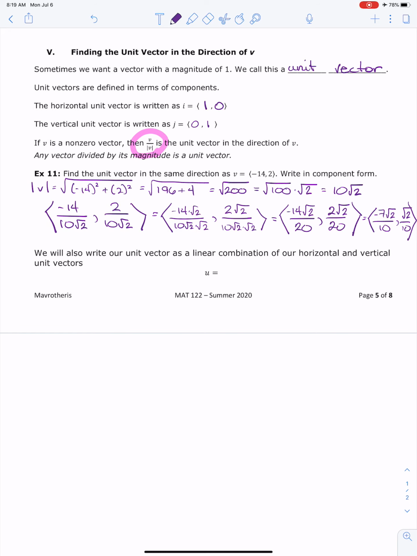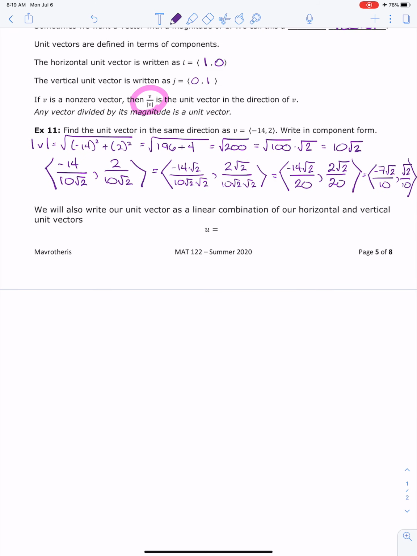Okay. We also want to write this as a linear combination of our horizontal and vertical unit vector. So let's think for a second here. I'm going to just lay this out for the x component. My horizontal component is the negative 7 square roots of 2 over 10. Okay, I'm ignoring that 0, which makes this negative 7 square roots of 2 over 10 times my horizontal unit vector, 1, 0.